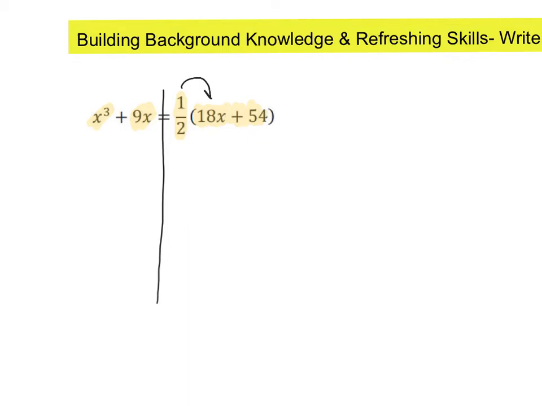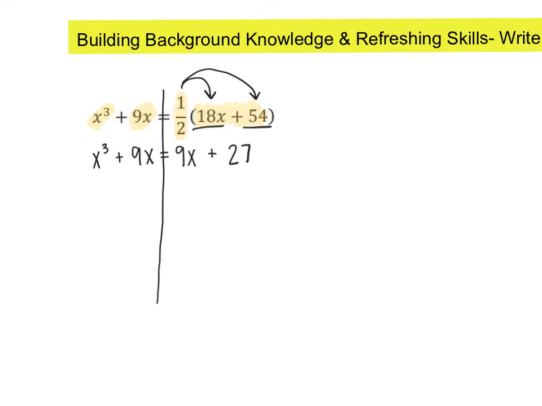I'm going to distribute 1/2 to both of these terms. So half of 18x is 9x, and half of 54, well, I'm just going to do 54 divided by 2 in my calculator, and I get 27. Everything else stayed the same, so I still have x to the 3rd power, or x cubed, plus 9x equals 9x plus 27.